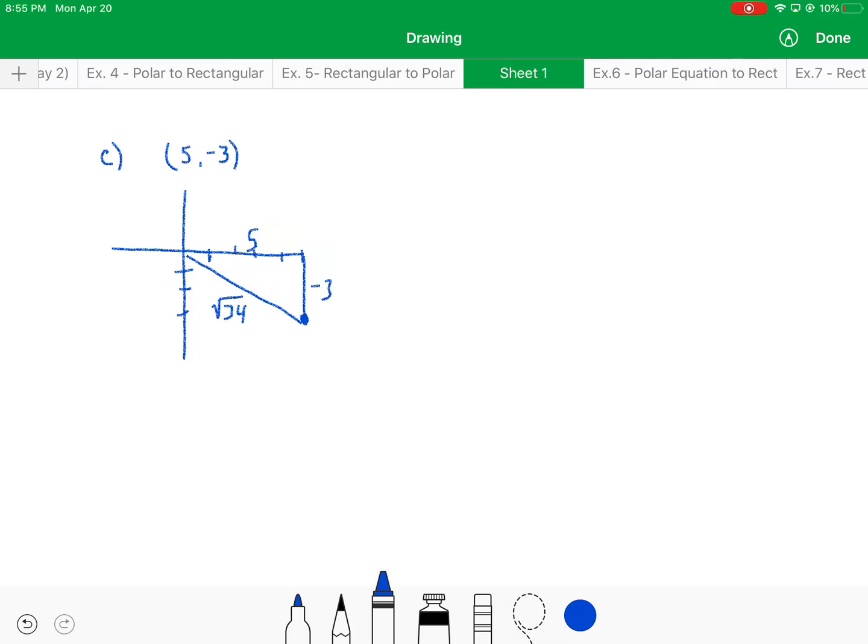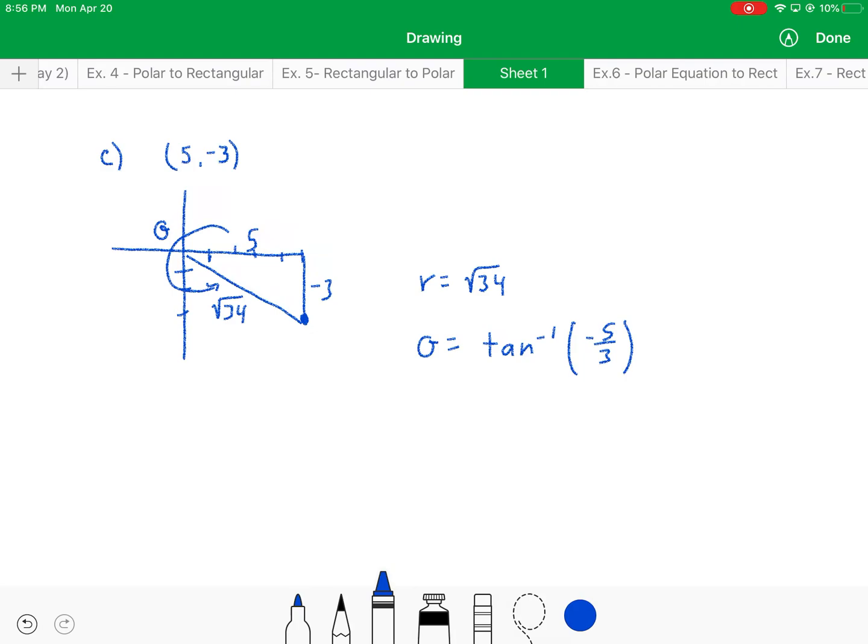And then your theta, let me write that out, r is radical 34. And then theta is inverse tangent of the negative 5/3. And now this time notice that theta is supposed to be in the fourth quadrant, right?